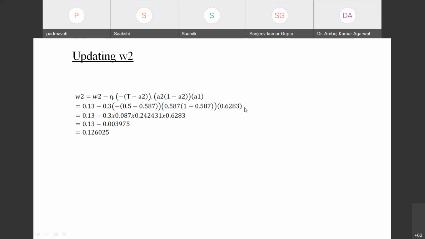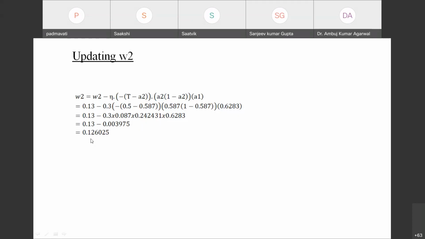When you compare this to the previous weight value, you can see that the weight is reduced, which means the weights are updating.